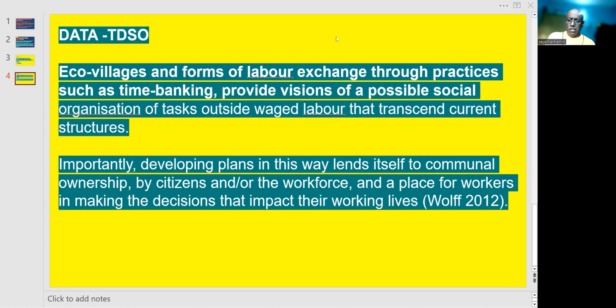So that's the way it has been shifted from paper to digital formats, and it has been interoperated in real terms. It's a communal ownership by citizens and the other workforce, along with them accessing data sharing organizations for making decisions that impact the day-to-day working of our livelihood.